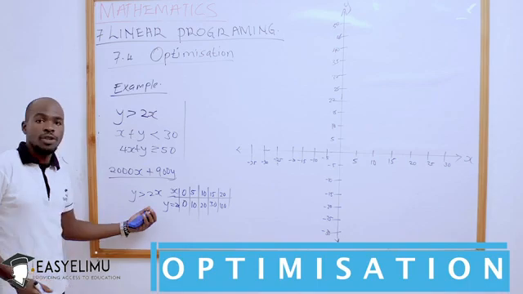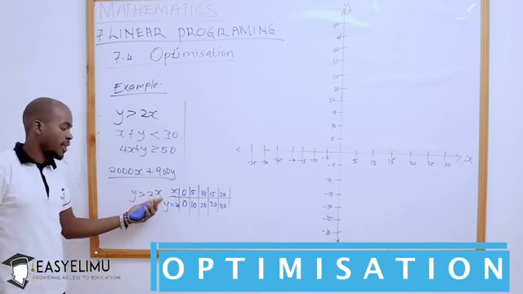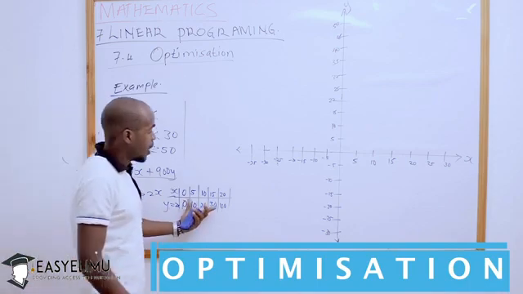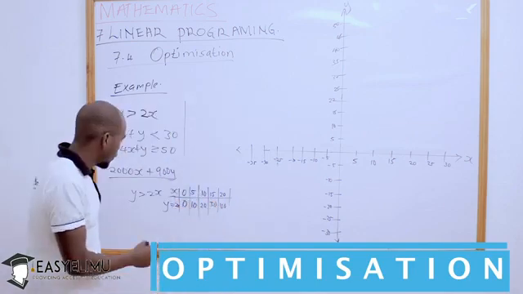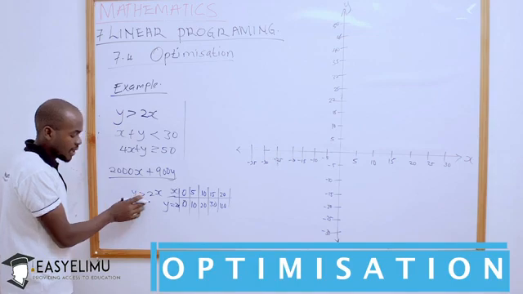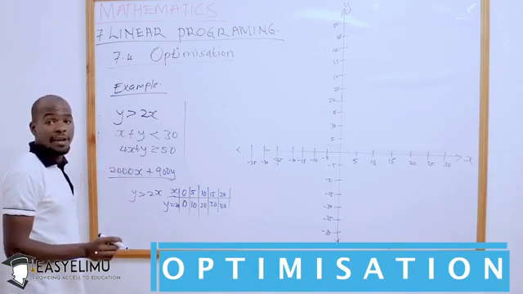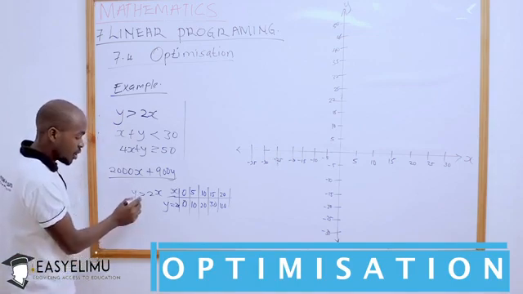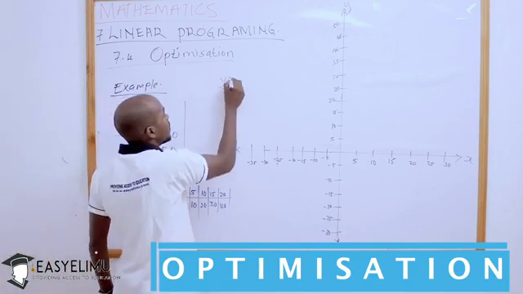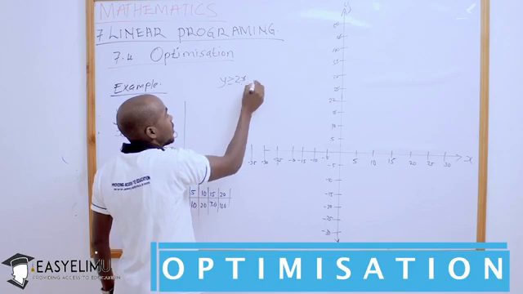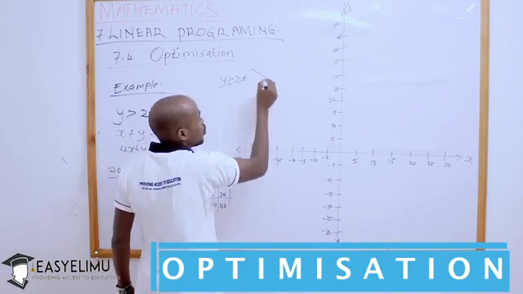Now I will plot y is greater than 2x, first plotting the line y equals 2x. Because this is greater than, and not greater than or equal to, the line will be dotted. If it were y is greater than or equal to 2x, the line would be continuous.